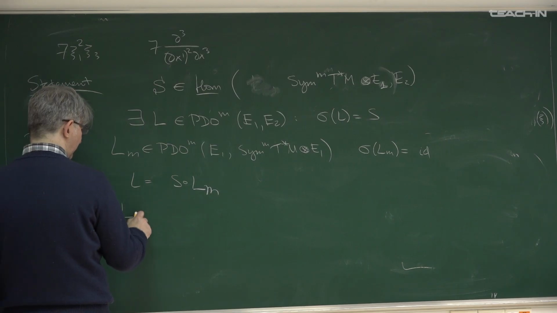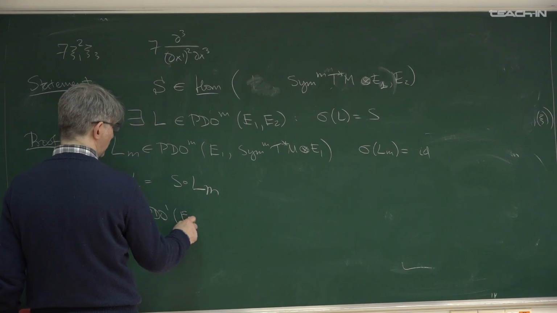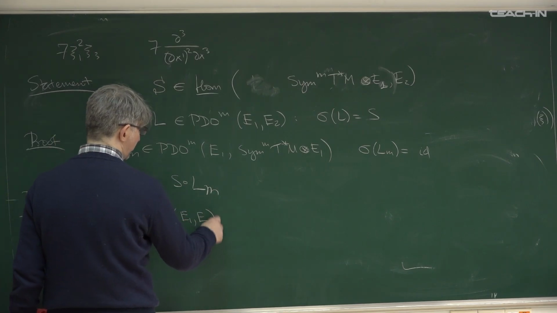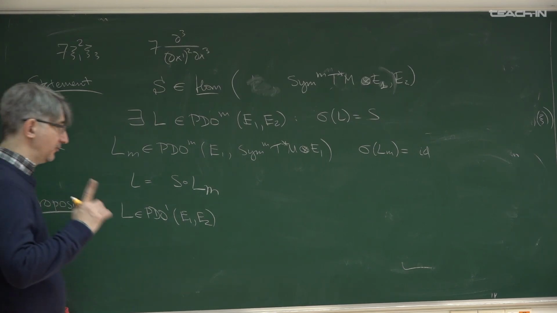Consider some partial derivative operator of order 1 from E1 to E2. The question is how it behaves, what it looks like.